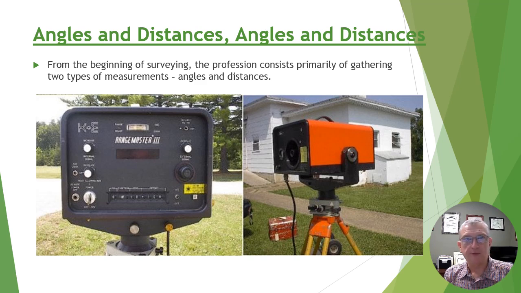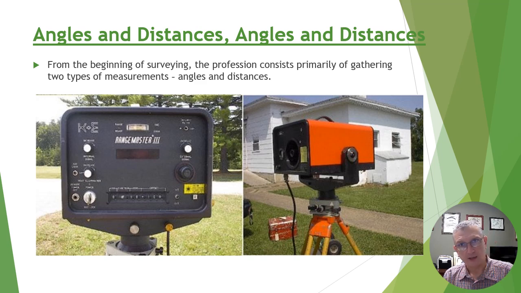So, from the beginning of surveying, the Egyptian rope stretchers, the Domesday Book in England, the colonial surveyors of the eastern United States, from those early days through the historic period that we last studied, and even into this modern era, surveying consisted primarily of gathering two types of measurements.